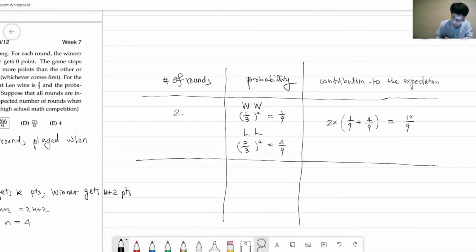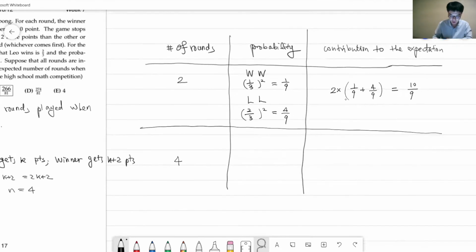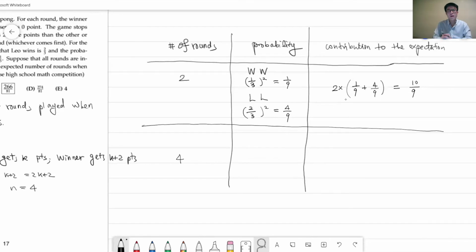Next, let's consider the number of rounds to be 4. Okay, number of rounds to be 4, that means the winner gets 3 points and the loser gets 1 point. So we have either William wins. If William wins, we have 3 W's and 1 L. So there are 2 cases. William, Leo, William, William.